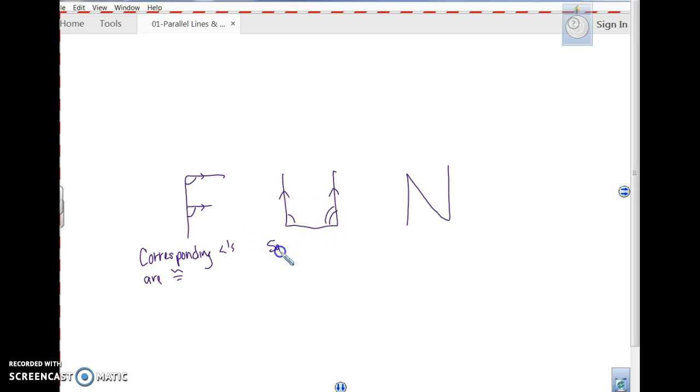So these are same side interior. And when you have parallel lines, what do we know about these two angles? Are they congruent? No, but they do add up to be 180 degrees, so they are supplementary. Okay, so same side interior angles are supplementary.